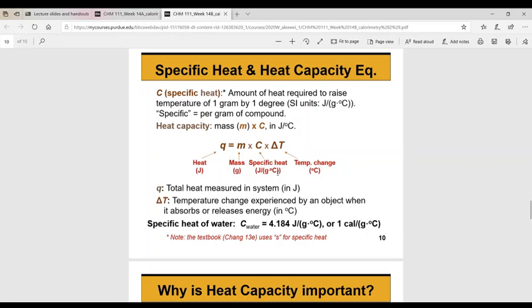So how can we interpret this information? That is telling you the amount of energy you need to increase by 1 degree Celsius 1 gram of any specific solution or compound. That's the reason why it is called specific, because it is completely related to the type of compound or solution or any type of reaction you're dealing with.